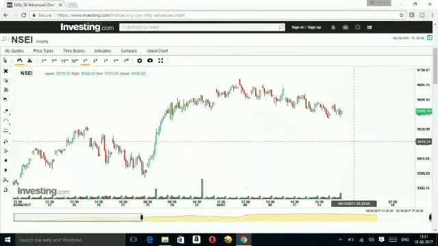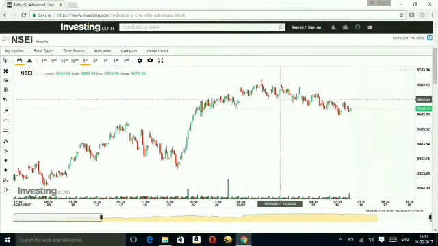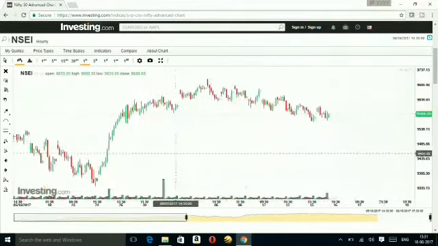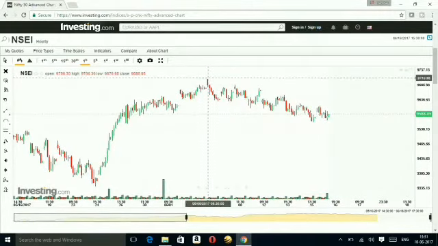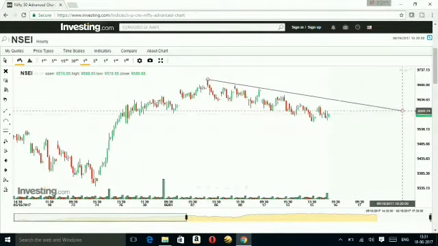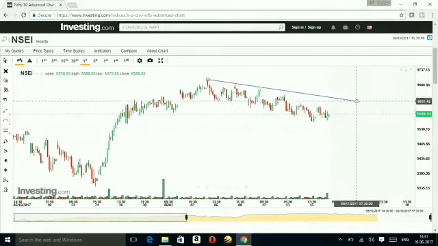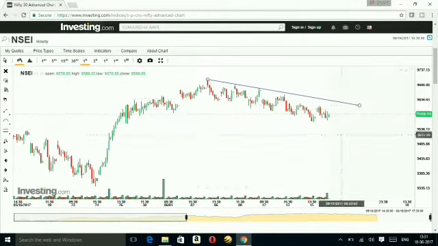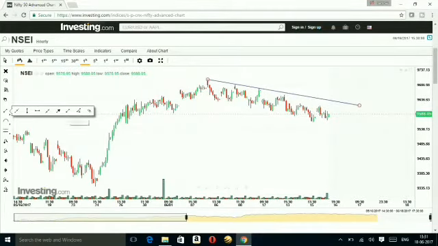This is also one thing which I have plotted on Nifty, and that is the trend line. If I join the lower highs of Nifty on the hourly chart, then I get a kind of pole and flag pattern on Nifty.